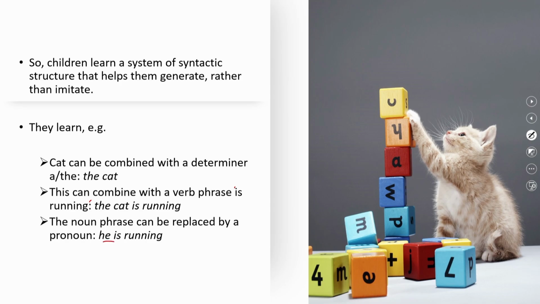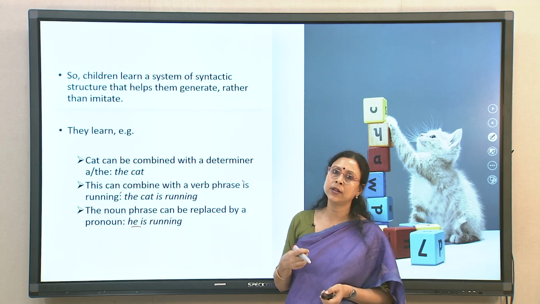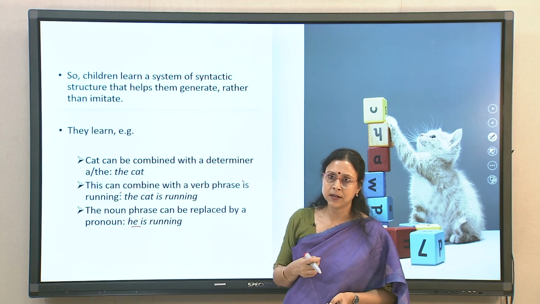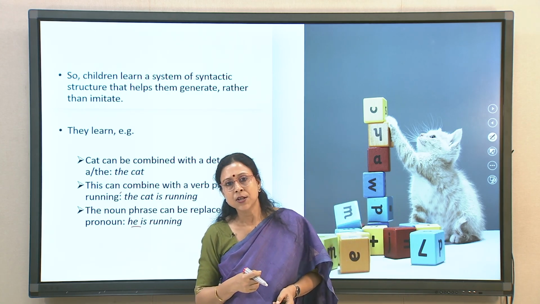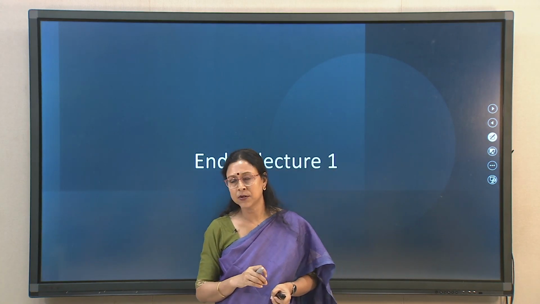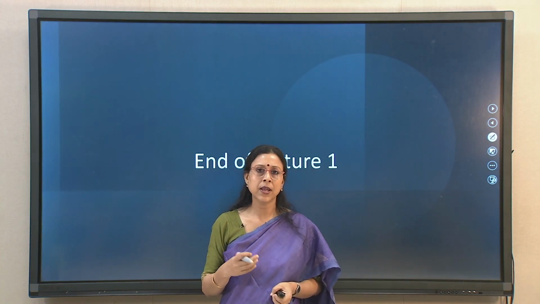The child does not do any imitation here, but is merely following the rules of the game; that is how they learn the language. Because of this, behaviorism is not tenable, so we will not discuss behaviorism ahead.